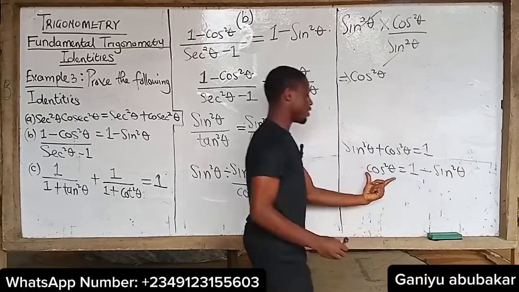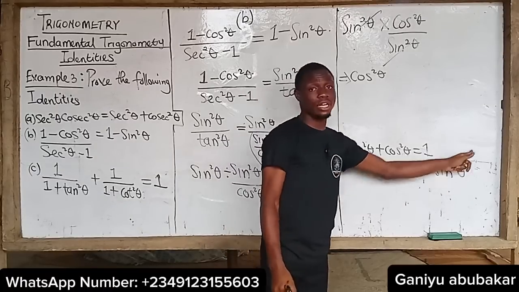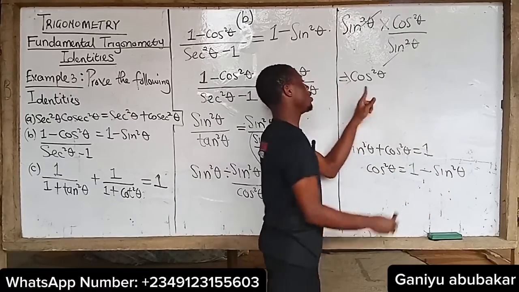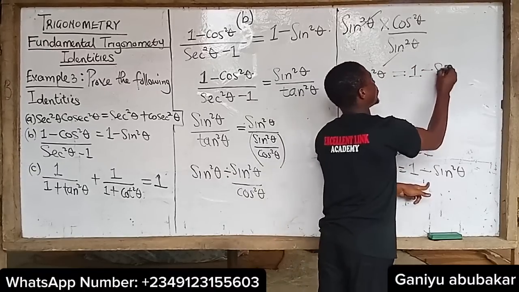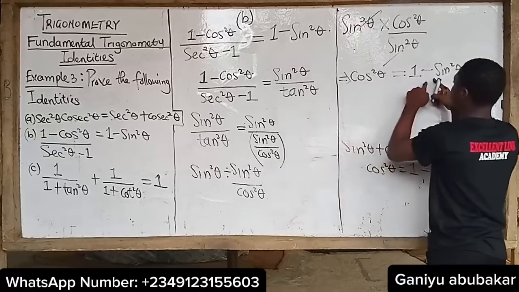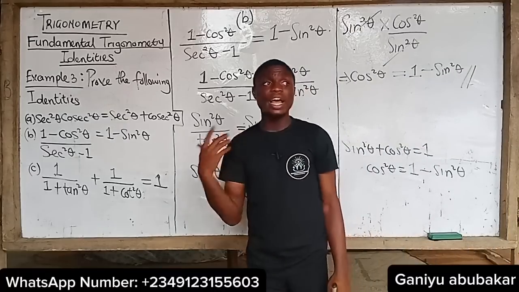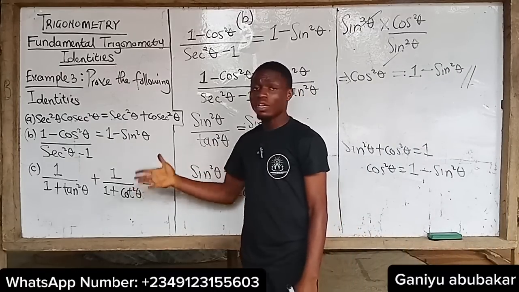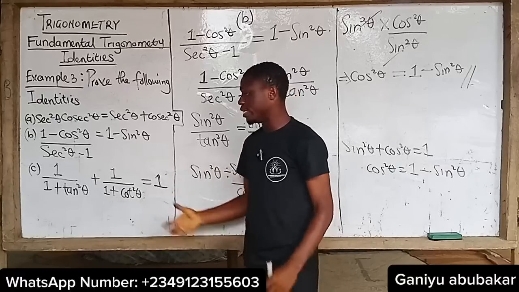So anywhere I see cos squared theta, I can replace it with 1 minus sin squared theta. So put this value here. This one now can be expressed as 1 minus sin squared theta. I have proved this. Let's do example 3 in our next class.